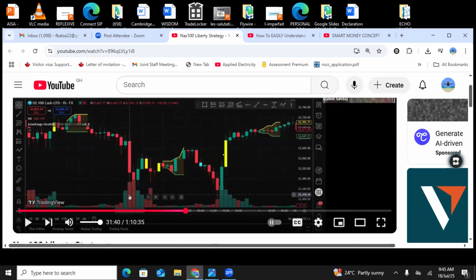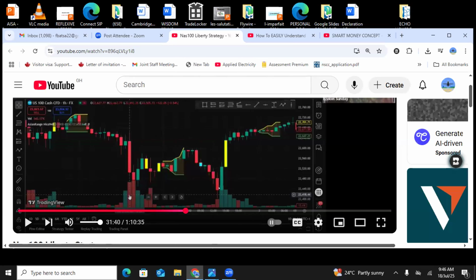It goes up. Now, this is where you think of buying, because the trend has changed over here, and then you target the last uptrend. So your buying can start from down here, where the last bearish candle is.